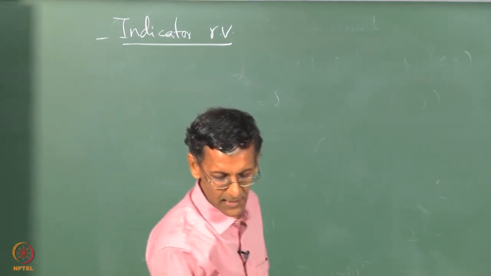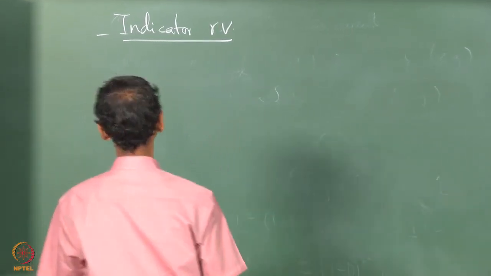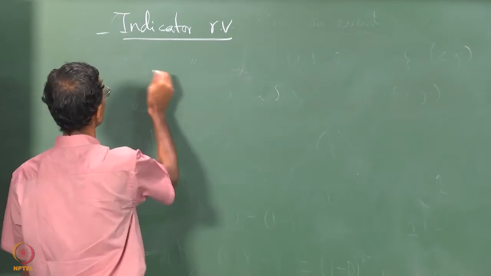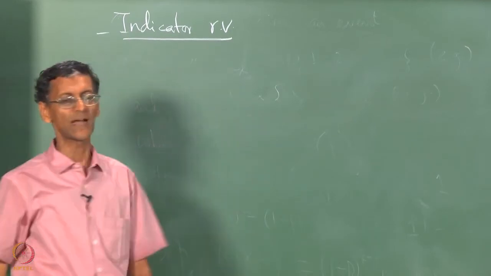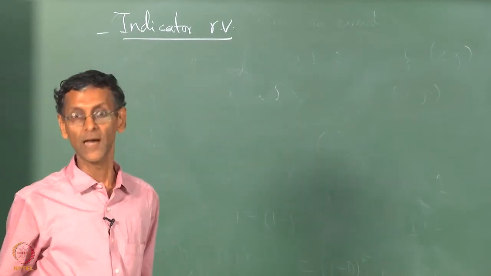Indicator random variables are also very useful in many situations. Basically they are Bernoulli random variables which are connected to specific events, that is all they are.